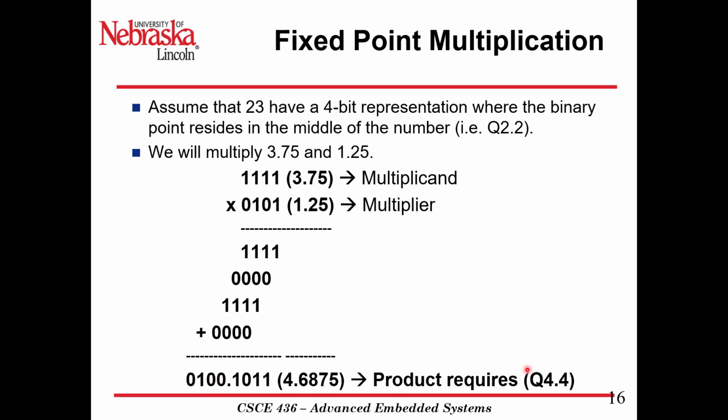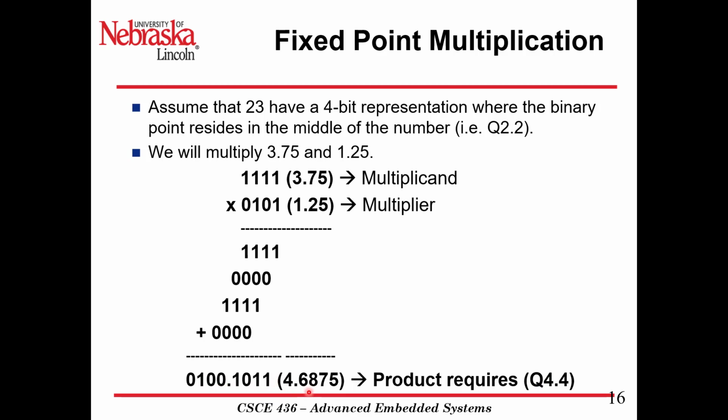and then add a 0 to make the result fit in a Q4.4, because if we have 2 bits of whole and 2 bits of fraction for each of those numbers that we're multiplying, our product would require double the fractional portion, double the whole portion to be able to fit that product into that result.